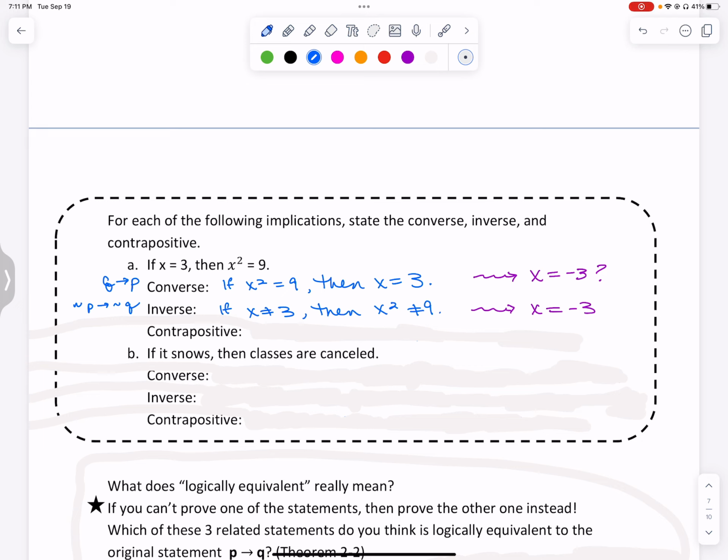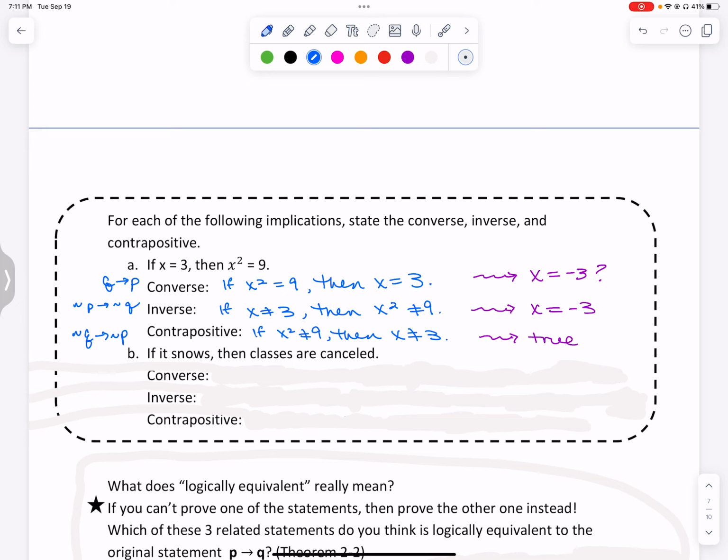Once again, if x is negative 3, when you square it, you do get 9. So that's not true. And lastly is the contrapositive, which is not Q, then not P. So if x squared is not 9, then x can't be 3. And that is a true statement, okay?